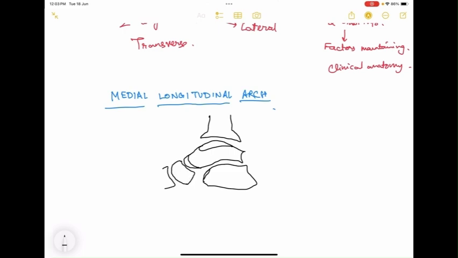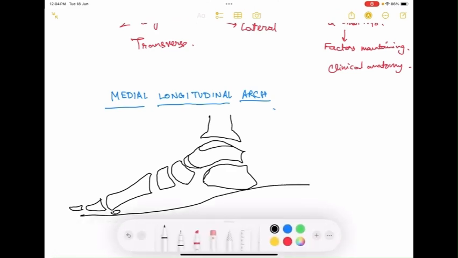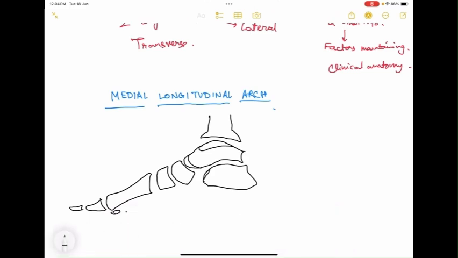Easy. See how easily I'm drawing the arch. A sesamoid bone may be present. Yeah, I hope you can make out the arch. Okay, this is the arch part. Actually, this calcaneus bone will go a bit more downwards, but anyways.